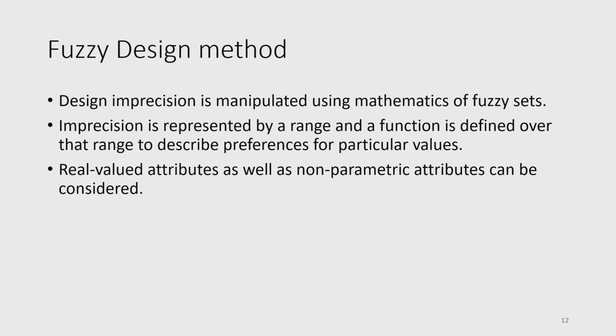Like in set theory, if I say the set of fruits and the set of vegetables, the set of fruits will contain mango, grapes, apple, and the set of vegetables will contain bitter gourd, lady's finger, and maybe pumpkin. But somebody may ask, what about tomato? Tomato is a fruit in one sense, but it is used as a vegetable.